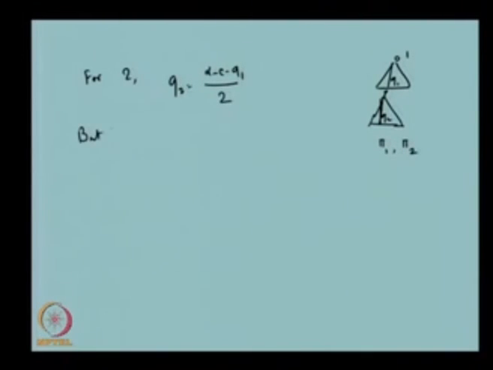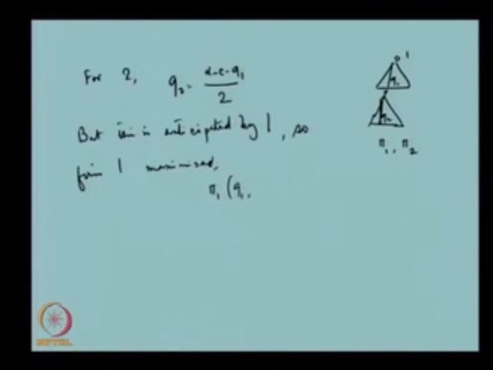But this is known, anticipated, let us say, by firm 1. So firm 1 maximizes pi 1, which is a function of q1 and q2, but which basically turns out to be a function of q1 only, and that gives him this output.